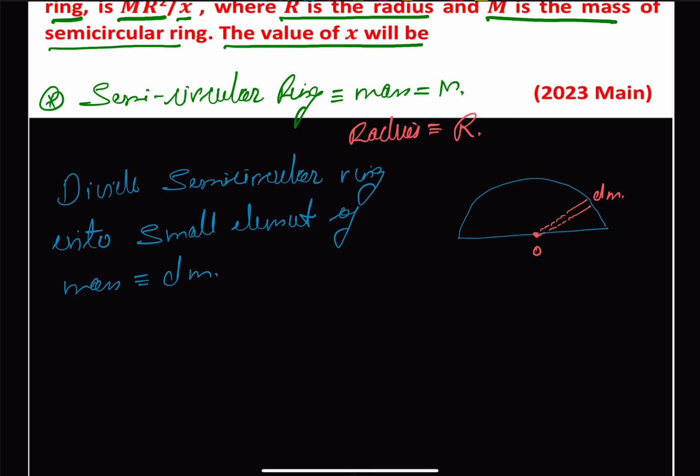And this semicircle is a representation of an angle. That angle is our pi.